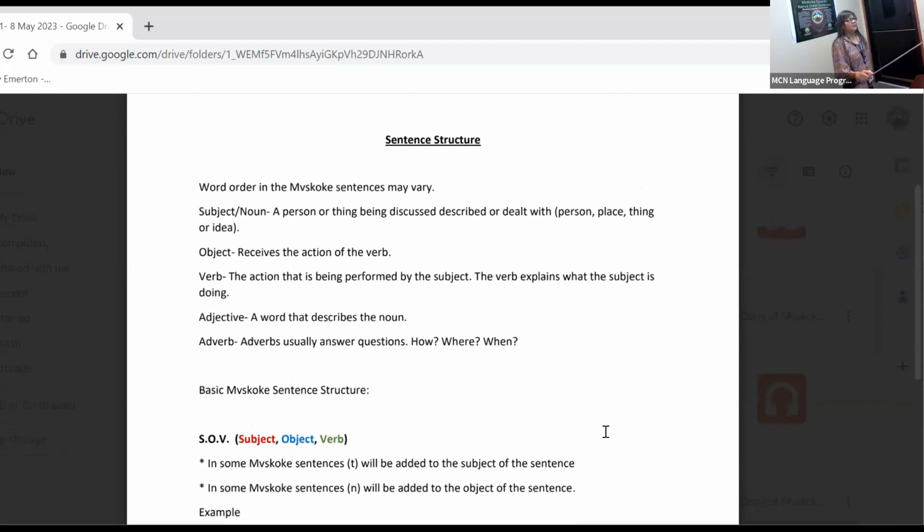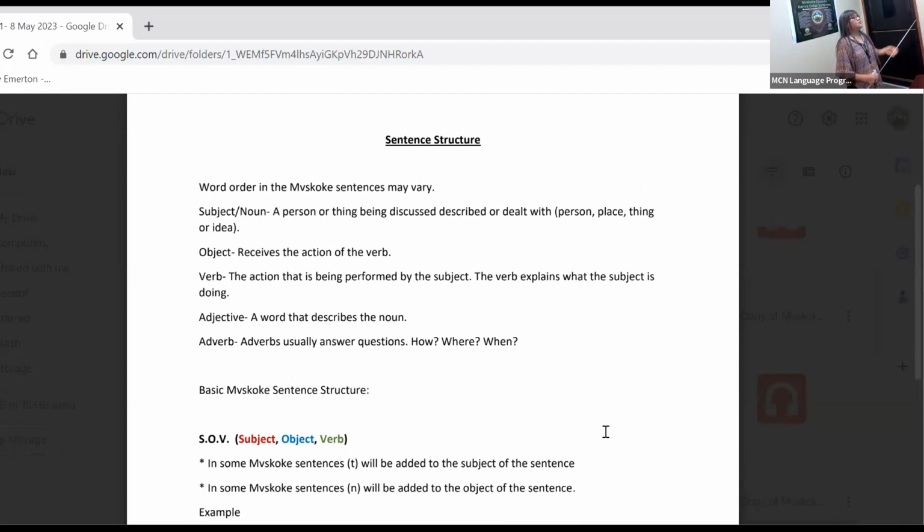These are some of the notes I had taken in college. So this is one way of doing it. There are other ways to do the sentence structure, and sometimes you'll come across something and think, wait, I learned it this way. Just know that there's really not a definite in Mvskoke.